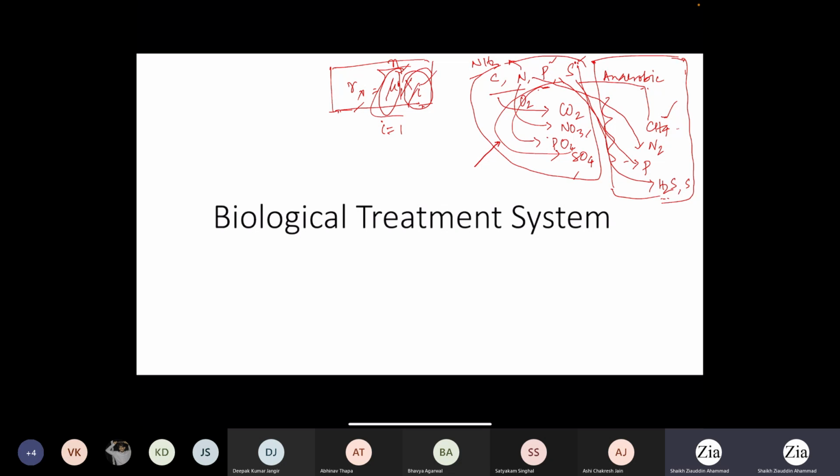So last class I mentioned that reactors are the heart of bioprocesses. That means it is your production unit or treatment unit, whatever way you want to call it.